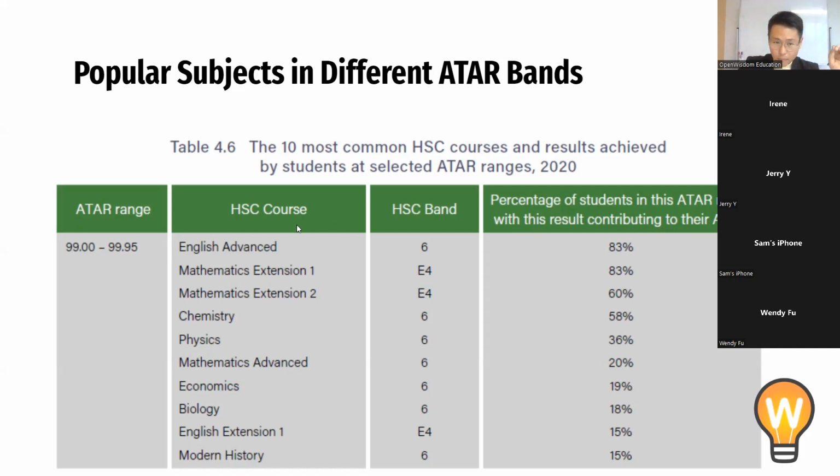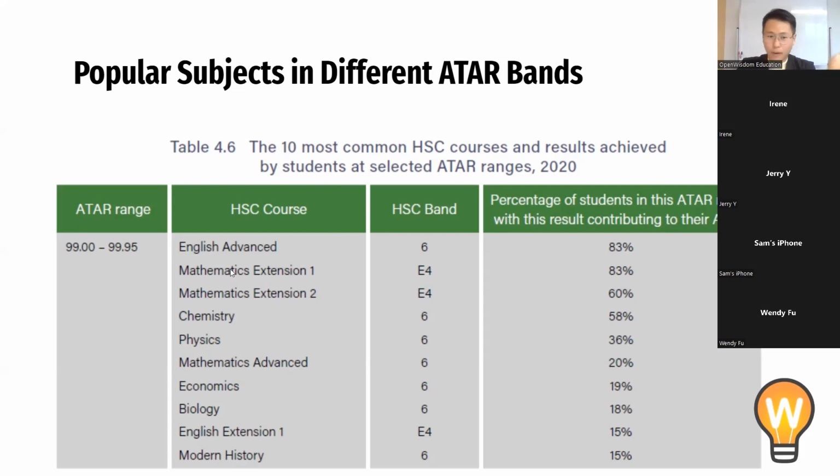As you can see, the top 5 subjects commonly chosen among students in the highest band were English Advanced, 83% of the people picked this; Mathematics Extension, also 83%; Extension 2 Maths, which is 4-unit maths, 60%; Chemistry; and Physics. Now, what does this look like? All right, this looks like the Asian Combo 5.